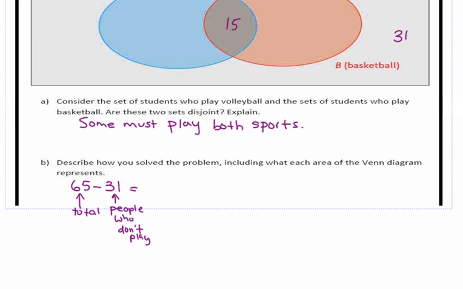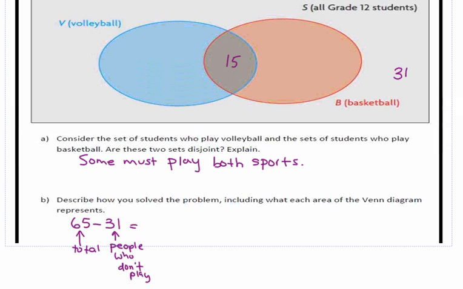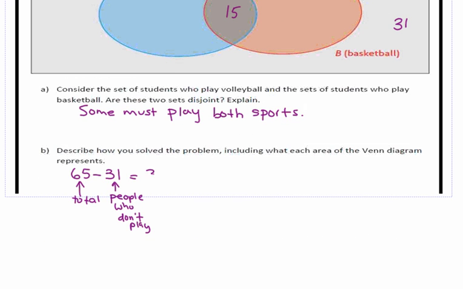That's those who play basketball, volleyball, or both. So we know 34 should be the total of those two circles.